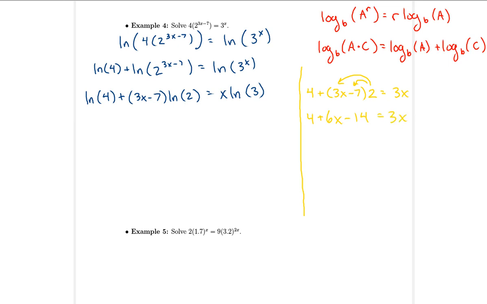Okay, so if that's your answer for what to do in this simpler looking problem, then that's also your answer for the real problem. So you're going to go ahead and distribute this through to both of those terms. So you'll have the natural log of 4 plus 3x natural log of 2, right? There's no pretty way to combine your 3 and your natural log 2.